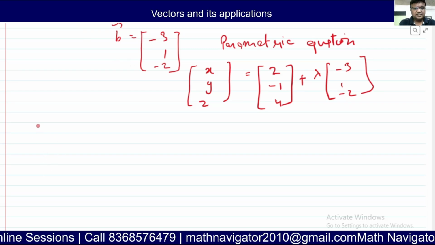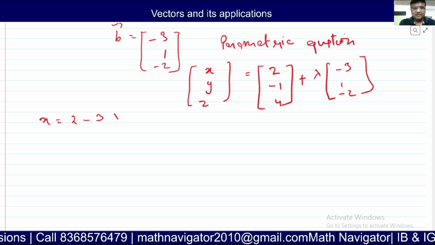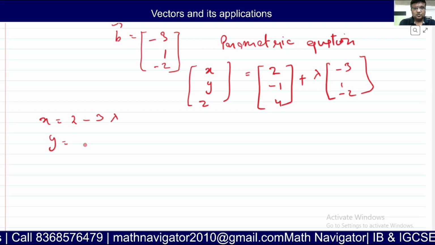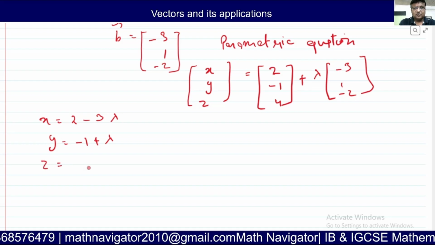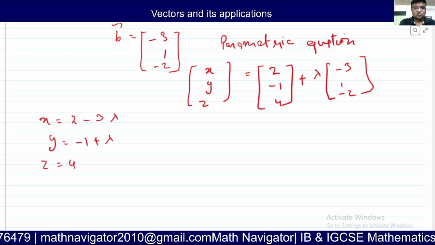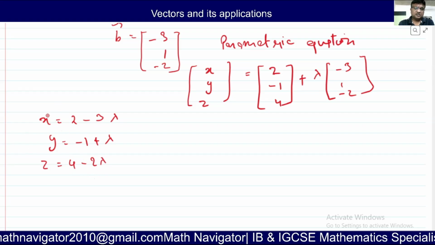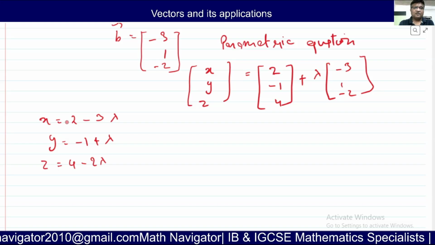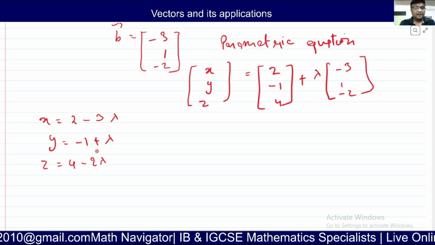So x is equal to 2 minus 3 lambda, y is equal to -1 plus lambda, and z is equal to 4 minus 2 lambda. Why are we calling it parametric? Because x is in terms of the parameter lambda, y is in terms of lambda, and z is also in terms of lambda.